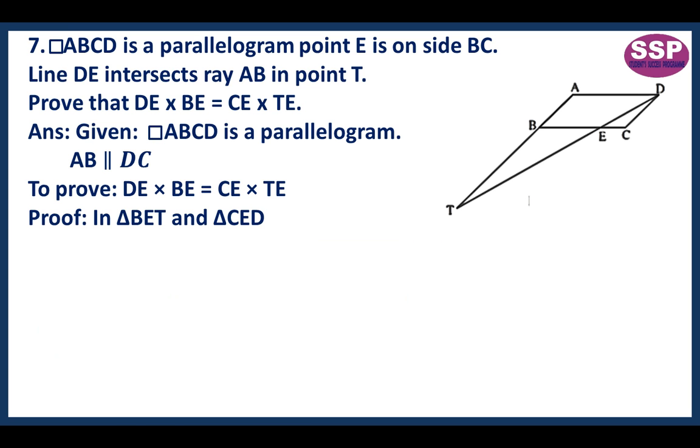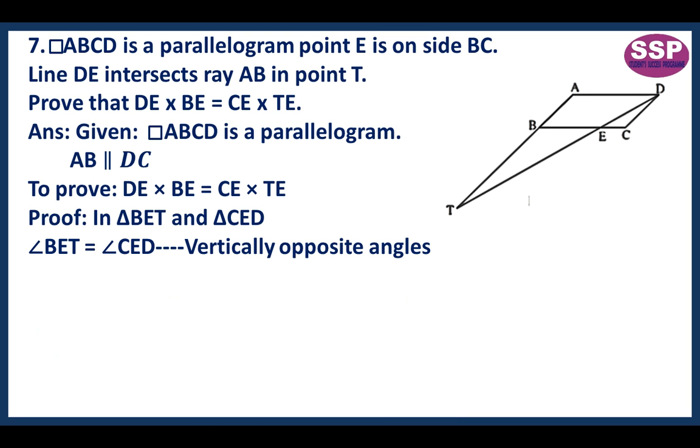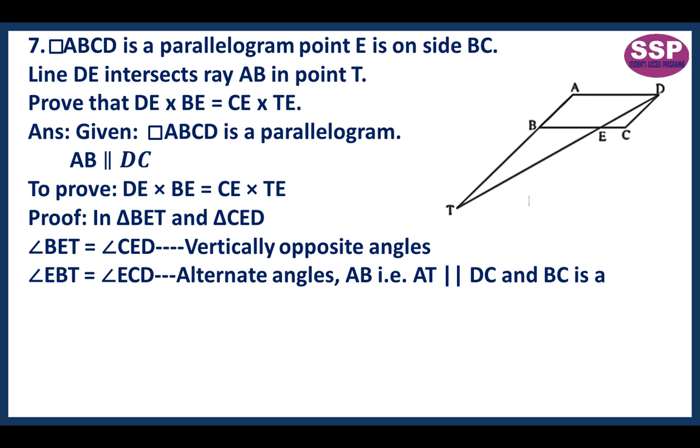Proof. In triangle BET and triangle CED, angle BET is congruent to angle CED, vertically opposite angles. Angle EBT is congruent to angle ECD, alternate angles formed by AB, that is AT, parallel to DC, and BC is a transversal.